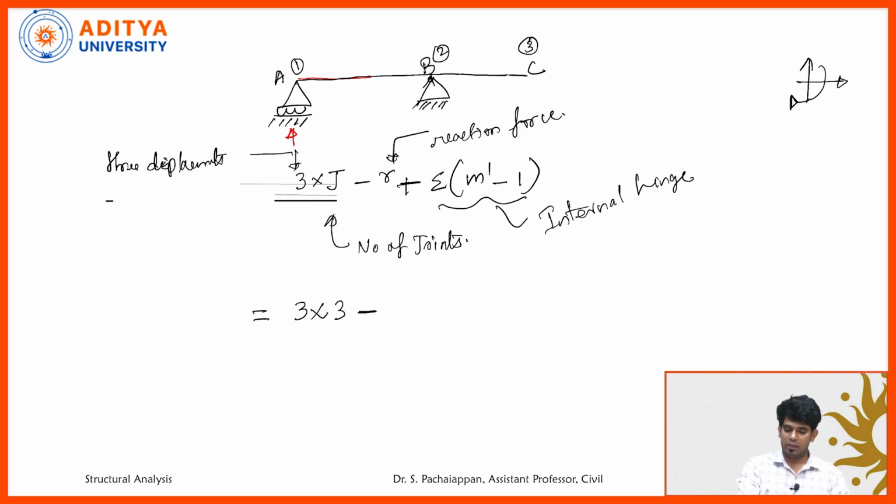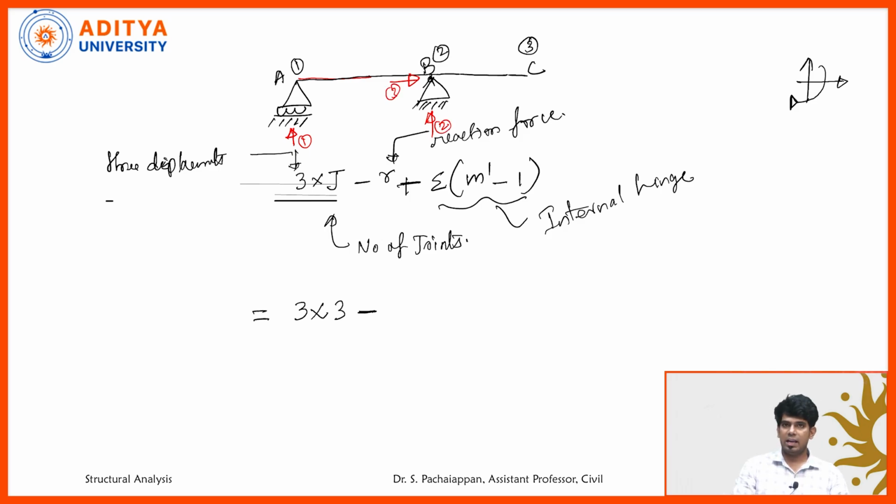Coming to support B, it is a hinged support. One vertical reaction will be there, and one horizontal reaction force will be there, because it is held in position. It can rotate, but it won't allow horizontal movement. So totally how many reaction forces are there? Let's mark it here: this is 1, this is 2 and this is 3.